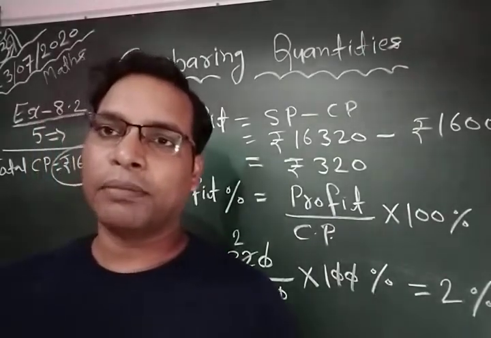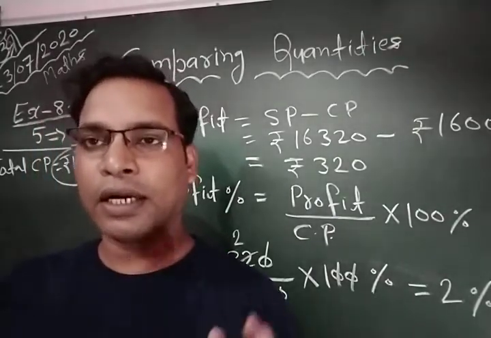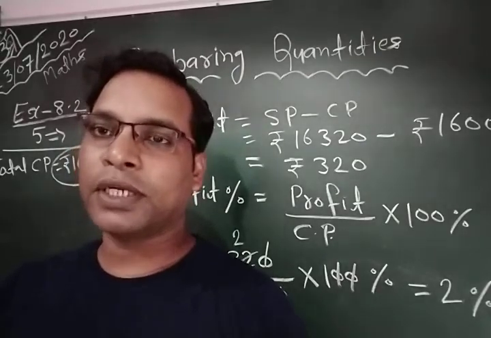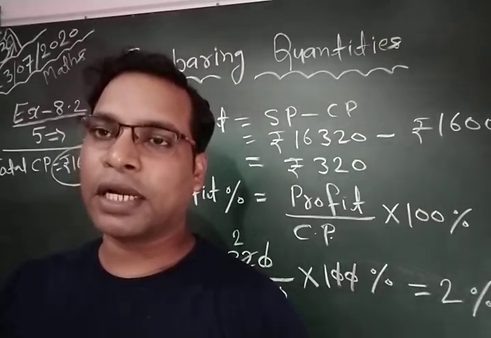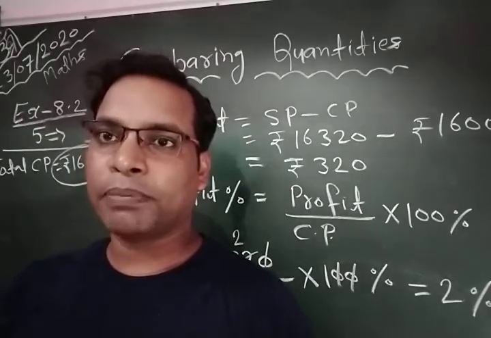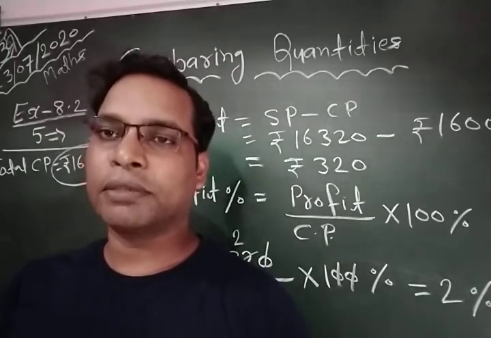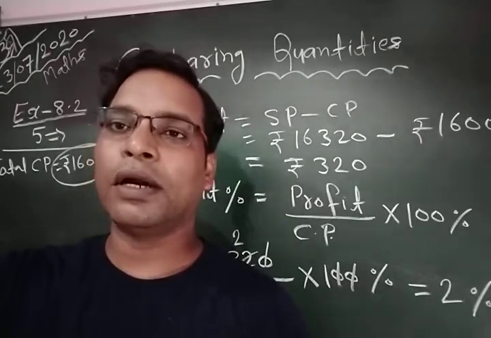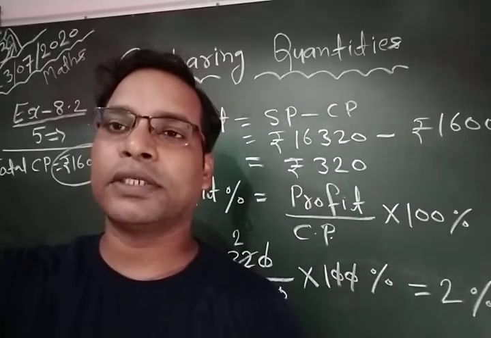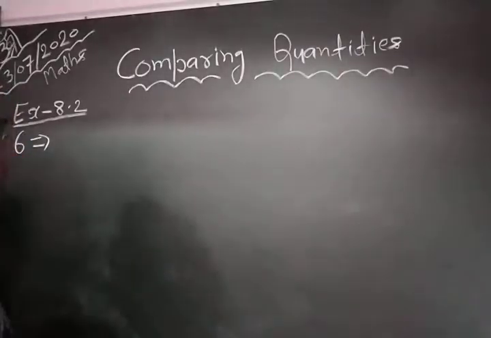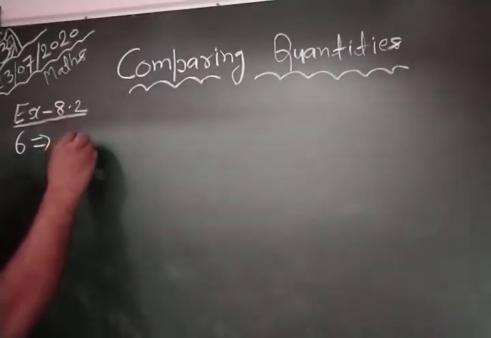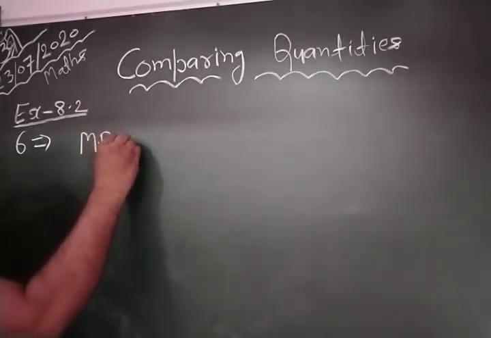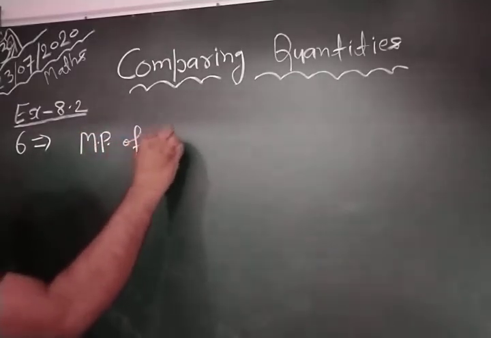The marked price is written on the articles. Sometimes the shopkeeper sells it at some discount, and after this the customer pays the money. This is the selling price. So let's see how to find the solution of this question. Here the given MP is the marked price of a pair of jeans.